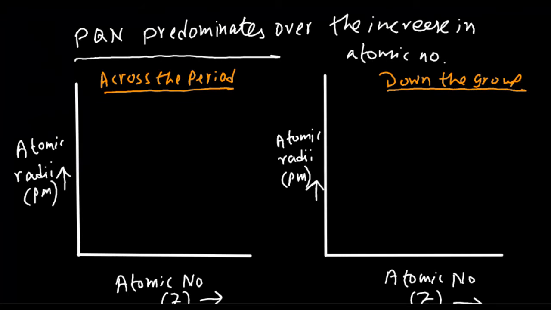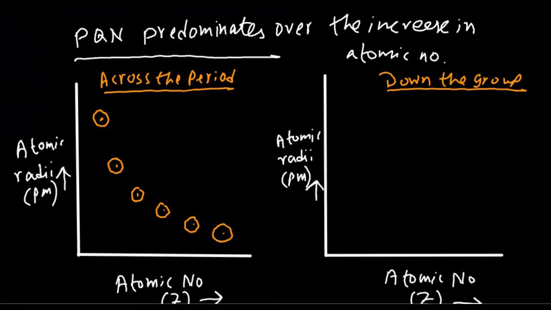So how will the graph look? Across the period, we know the atomic size gradually decreases. So the points will be somewhat like this: 1, 2, 3, 4, 5, 6, and another one.